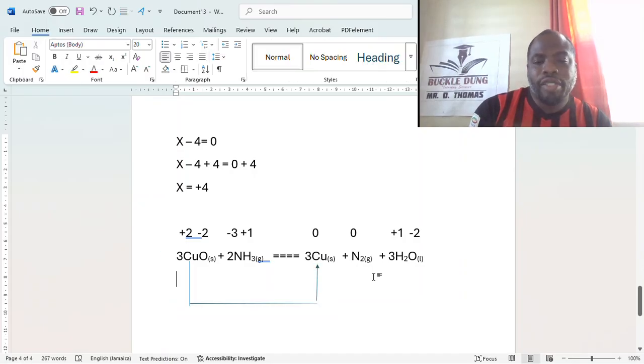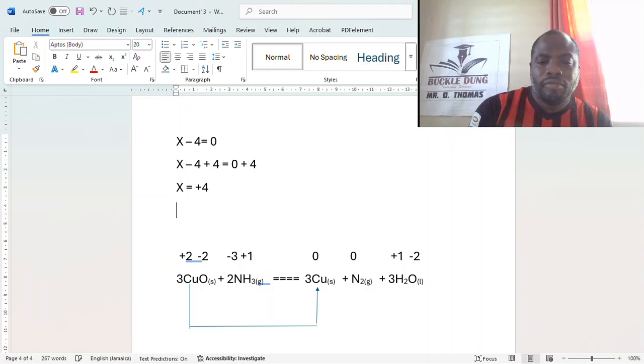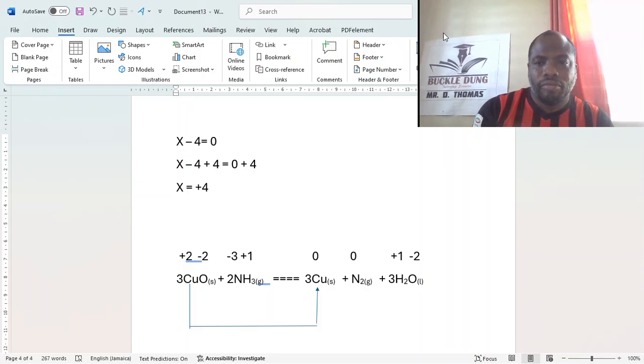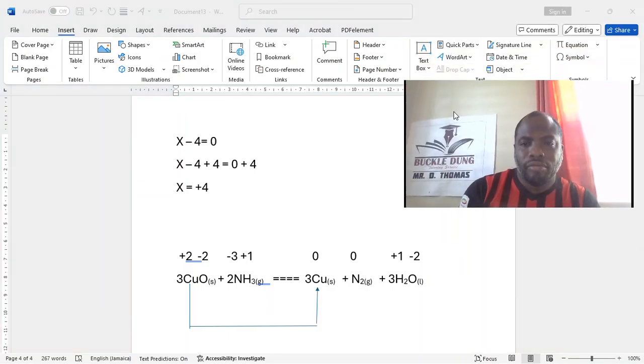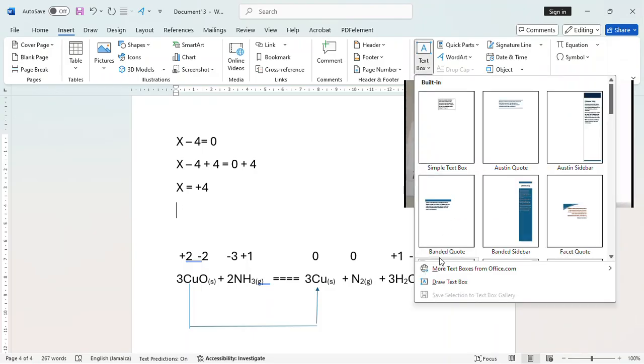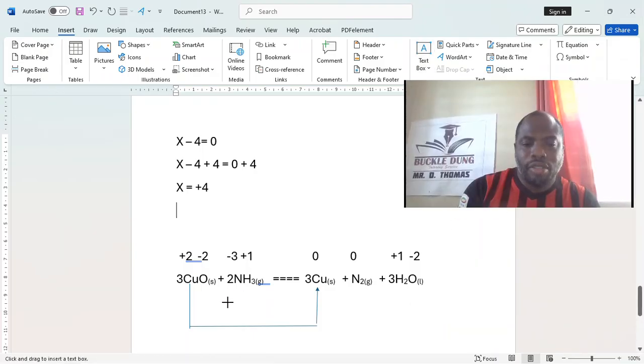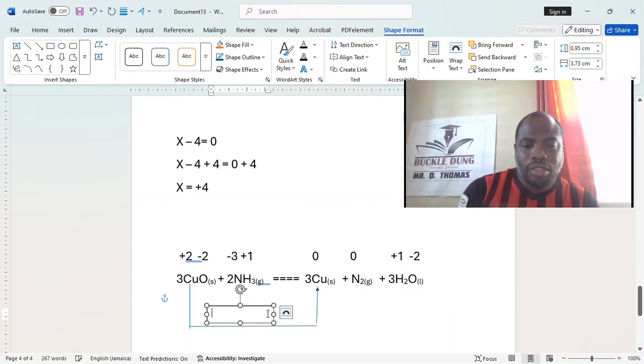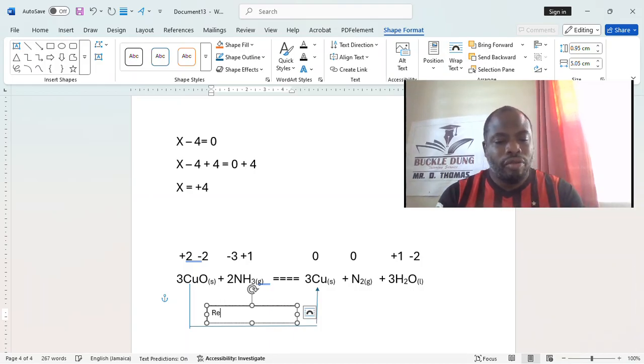And so we're seeing the oxidation number moving from +2 to 0. So what is happening to the oxidation number? It decreased. And a decrease in oxidation number signifies what? A reduction reaction.